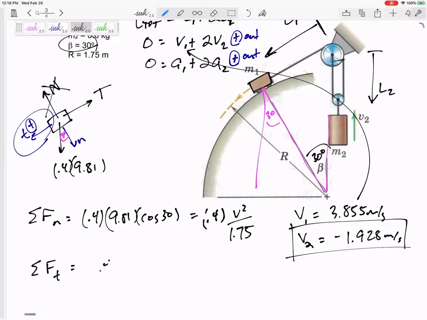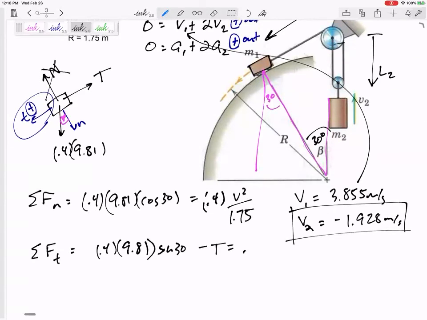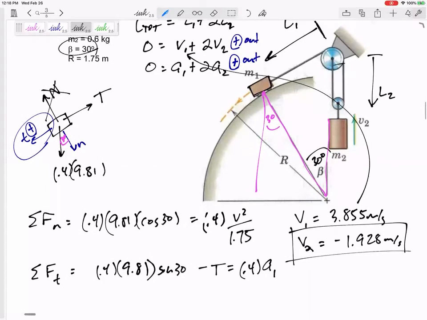So 0.4 times 9.81 times sine 30 minus T equals mass times A tangential, which is the acceleration of block 1 in this direction, the same A1.